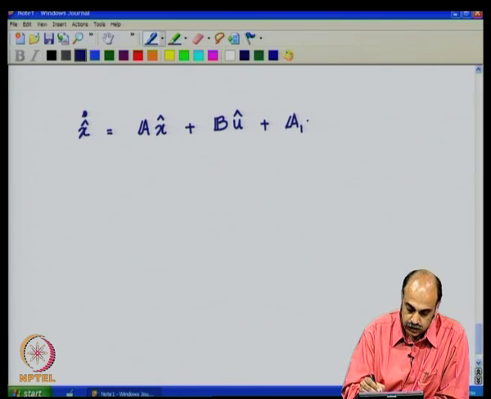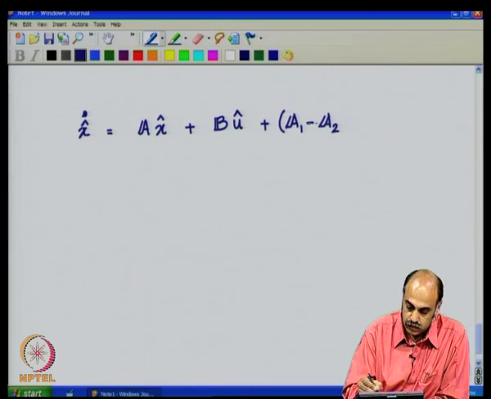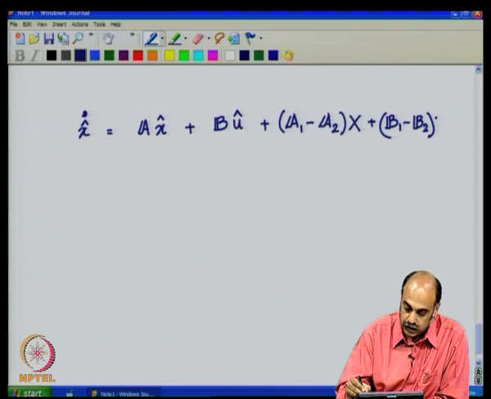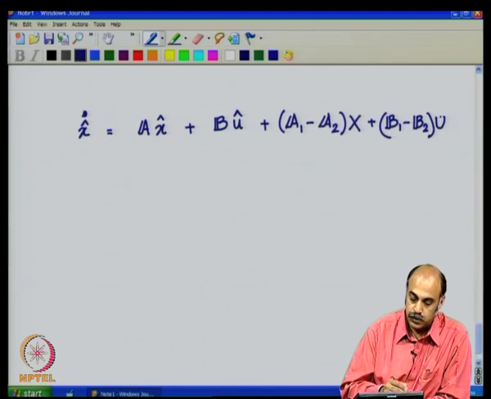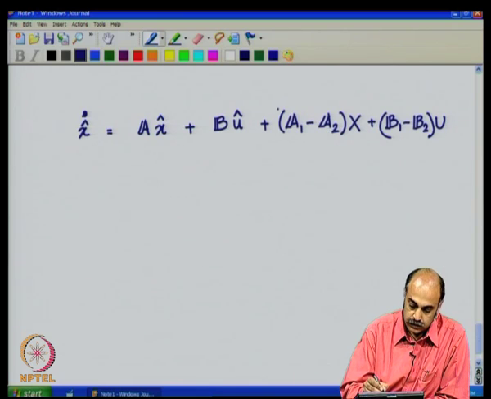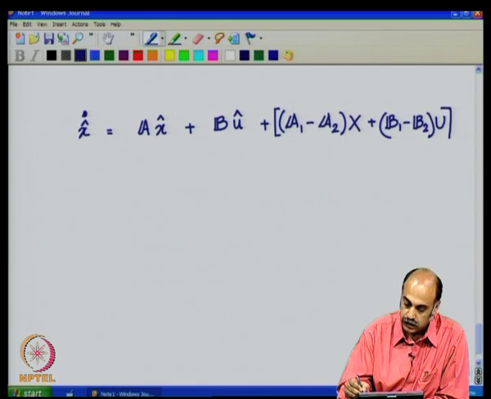A1 minus A2 times the steady state quantity x plus B1 minus B2 times the steady state input quantity u. Now, this whole thing is multiplied by d hat.